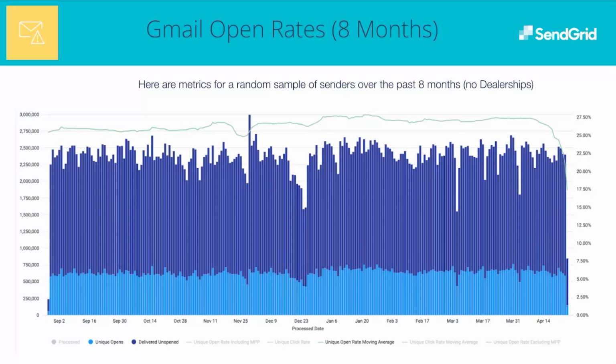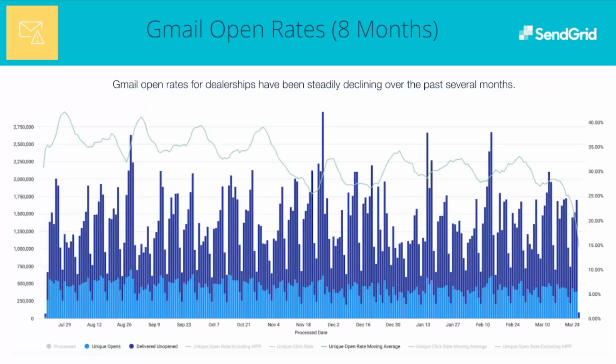Pretty steady. If we look at dealerships, it's a different story. We can see that unique open rate line declining. In the past several months, we've gone from about 40% to about 25 to 30%. And it continues to drop.